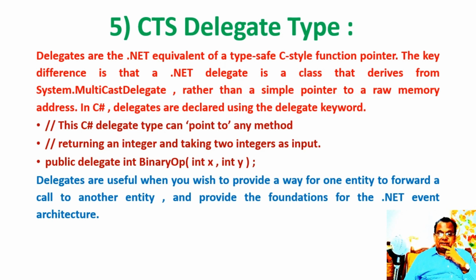The key difference is that a .NET delegate is a class that derives from System.MulticastDelegate, rather than a simple pointer to a raw memory address.